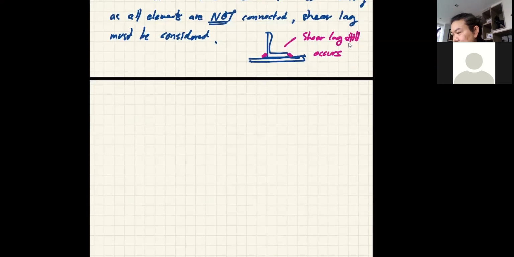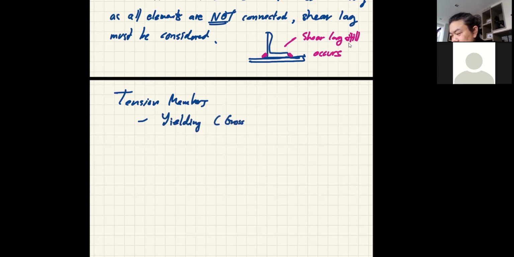So for tension members, for the member itself, you can say that it's gonna fail because of yielding at cross section and rupture at the effective net section.